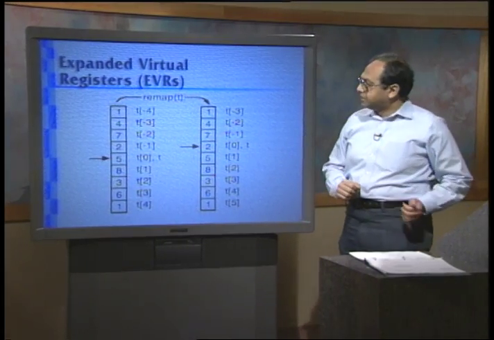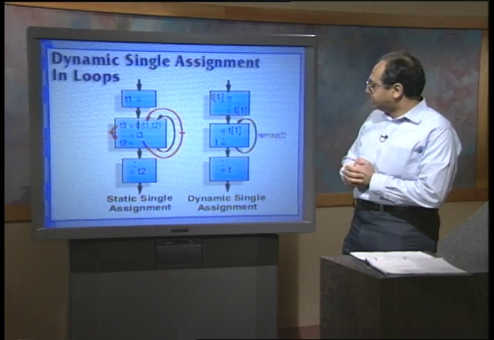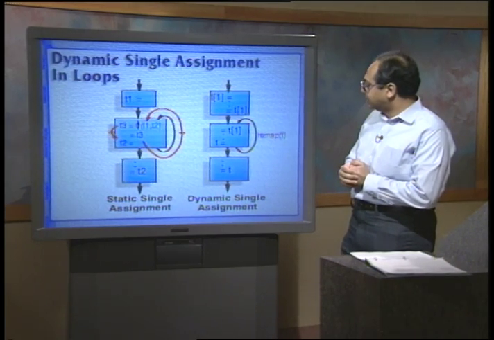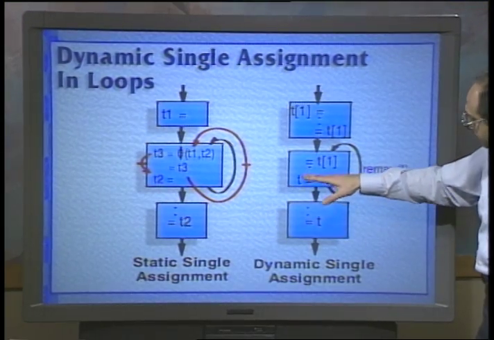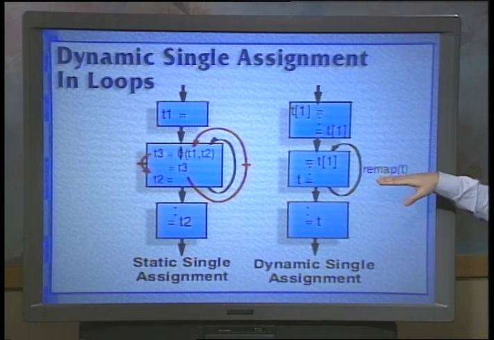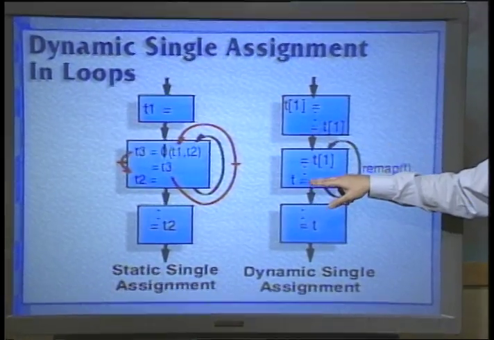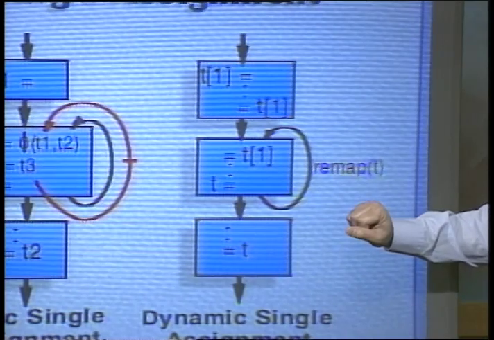Now, with this kind of a scheme, we can eliminate the antidependencies that we had in the cyclic case. So what we do here is between successive redefinitions, apparent redefinitions of T, we remap T. And so each definition of T is really going into a distinct location in the expanded virtual register.